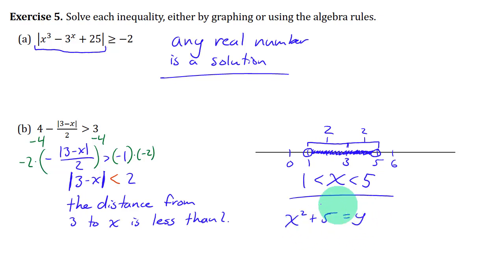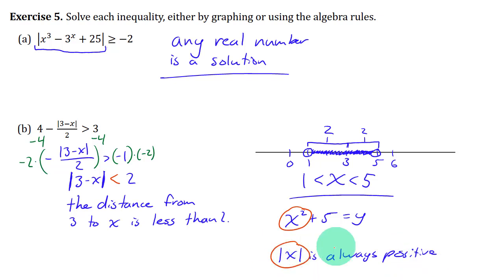And something like x squared plus 5 has a lot in common with absolute value because x squared is always positive, just like the absolute value of x is always positive. So is x squared. So a lot of the reasoning that we're doing in this section is the same way of thinking we're going to be doing in Chapter 3.